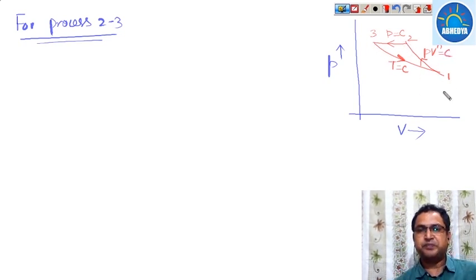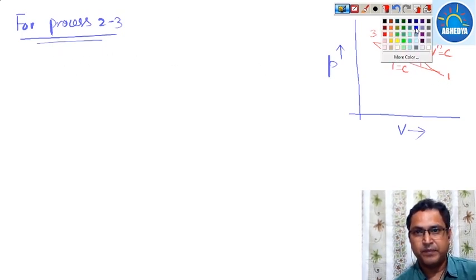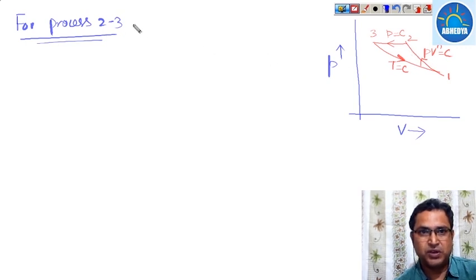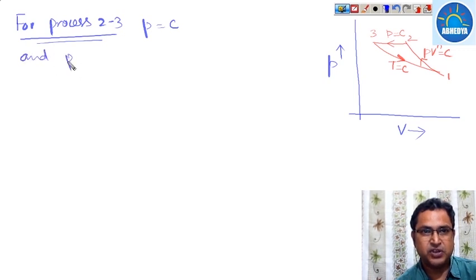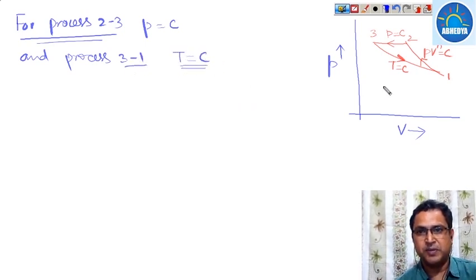So this is our process from 1 to 2, 2 to 3, and 3 to 1. So the 2 to 3 process is a constant pressure process, and process 3 to 1 is at constant temperature.